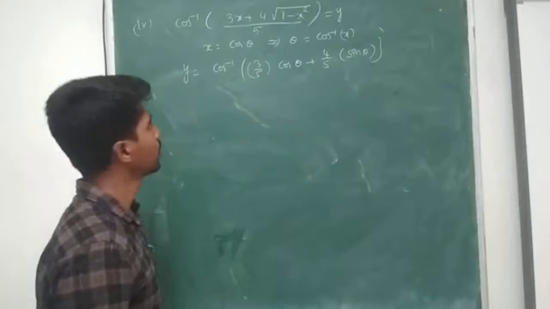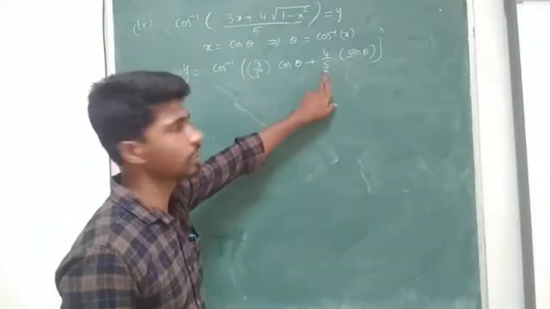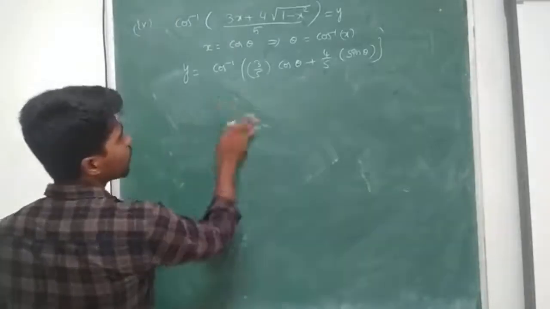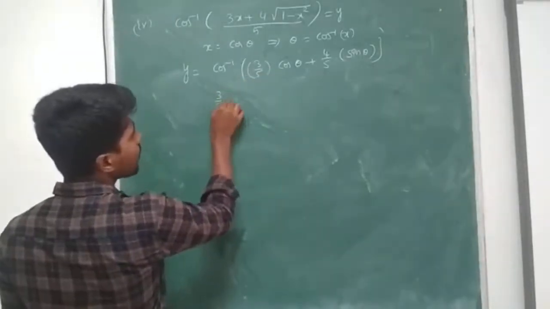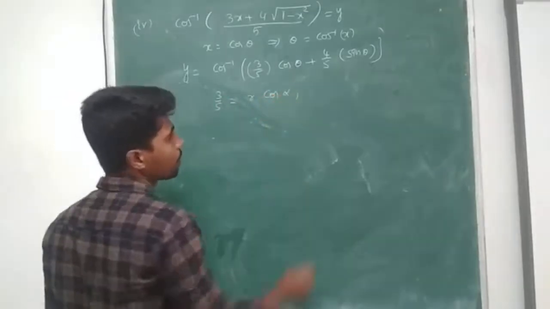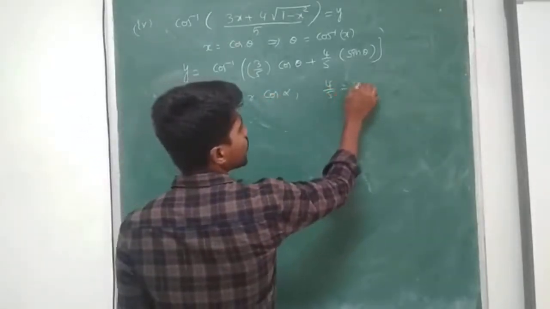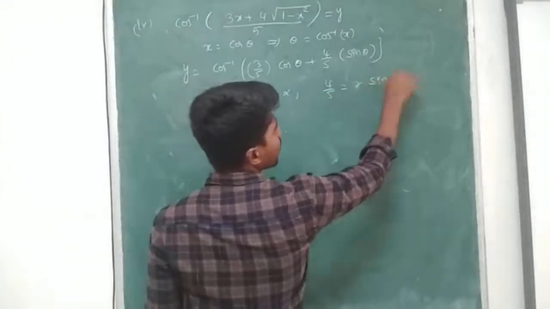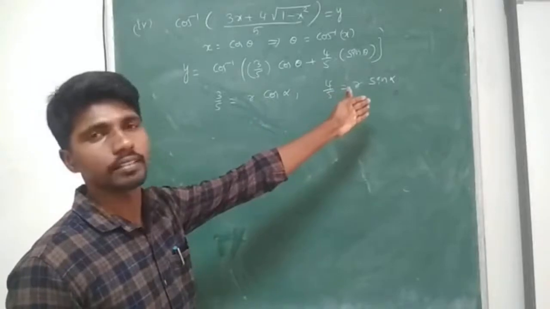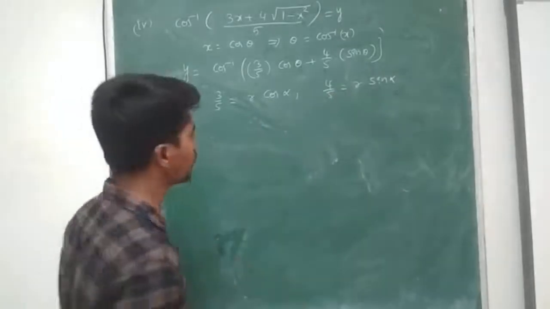Now I have to express this in the form of cos(a plus b) or cos(a minus b). For that, I substitute 3 by 5 as r cos alpha and 4 by 5 as r sin alpha. Then what is the value of r?